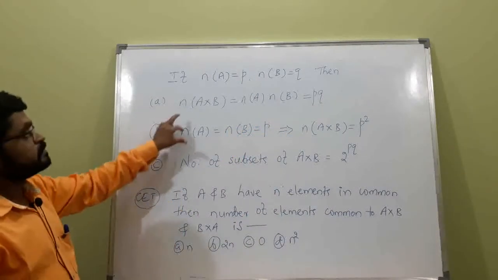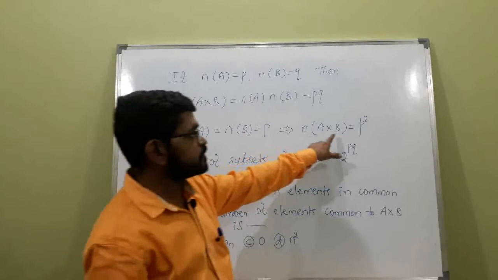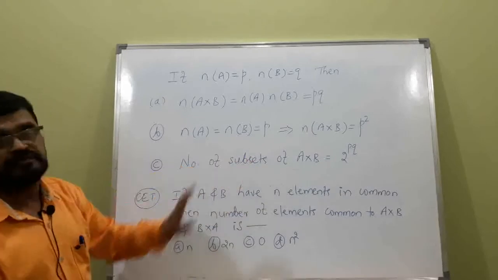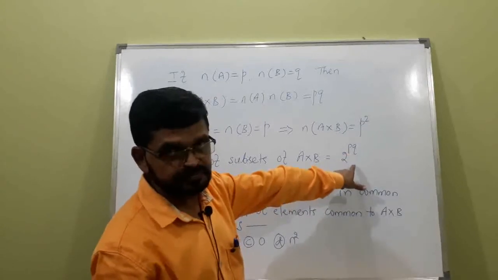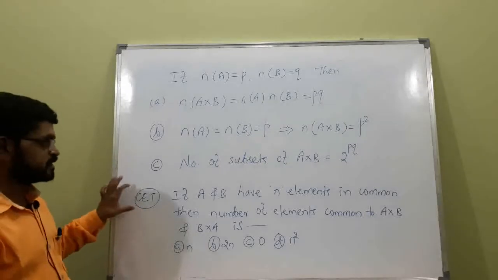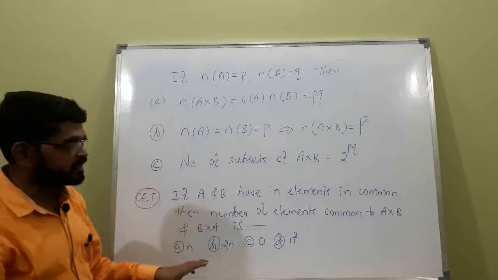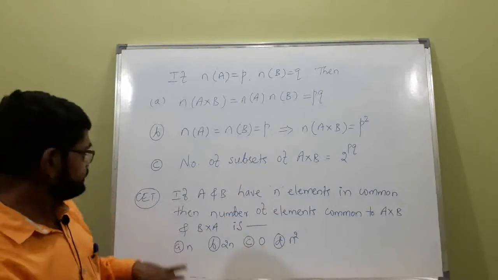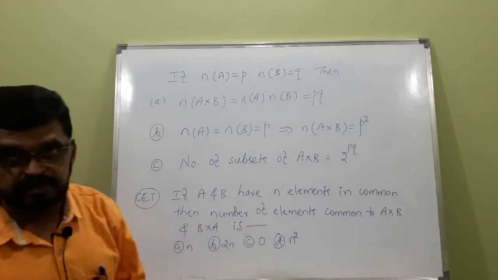If both A and B have the same number of elements, say p, then the number of elements in A cross B is p squared. The number of subsets of A cross B is 2 to the power pq. One question asked in CET: if A and B have n elements in common, then the number of elements common to A cross B and B cross A is: option A is n, B is 2n, C is 0, D is n squared.